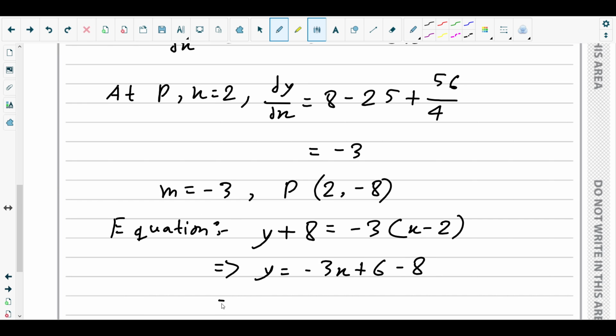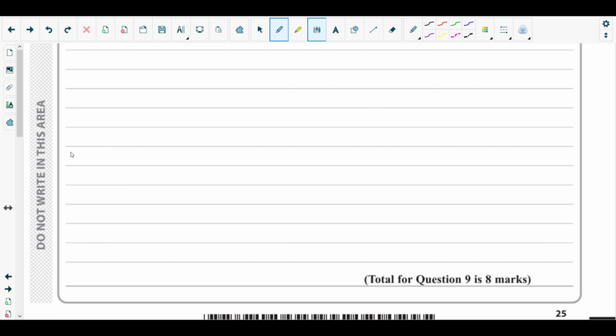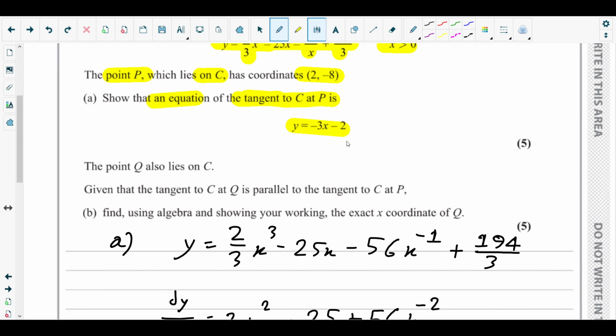So y equals negative 3x minus 2. This is the equation of the tangent to the curve C at point P. Okay, so next, negative 3x minus 2. That's what they have asked for.